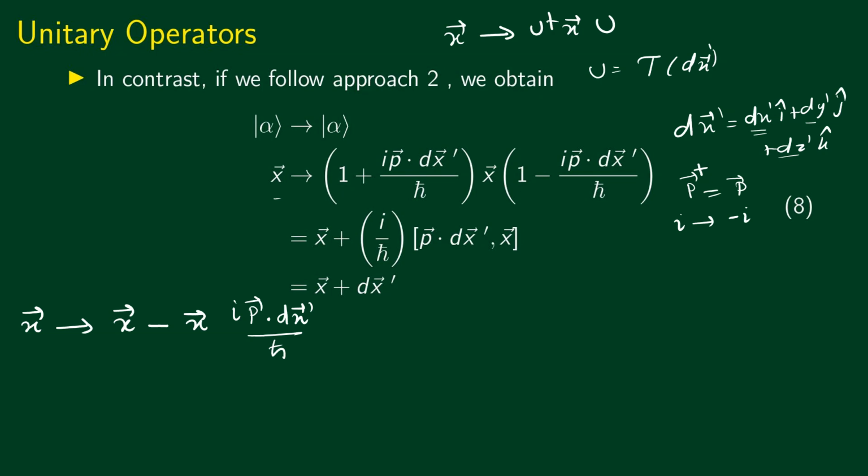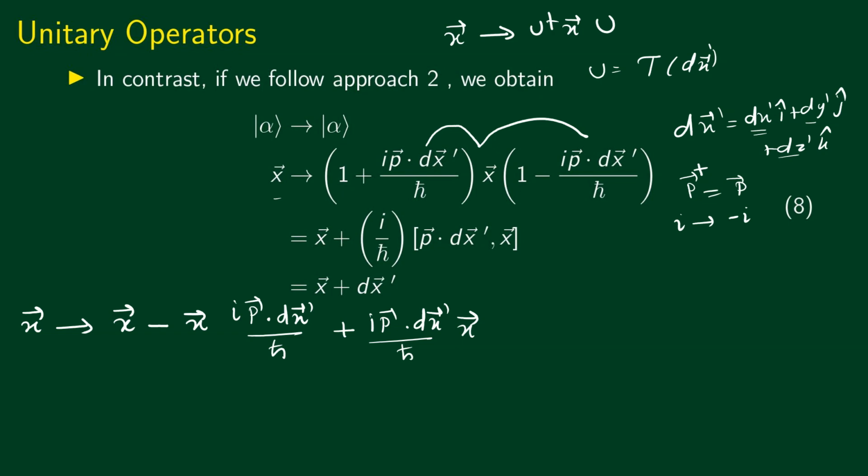Let's look at the third term. The third term is obtained by this multiplication, the second term in here, x operator, and the first term in here. So that is simply i p vector dot dx vector prime divided by h bar and the position operator. There's one more term which you obtain from the second terms in each of these brackets, but this is higher order in dx prime, dy prime, dz prime.